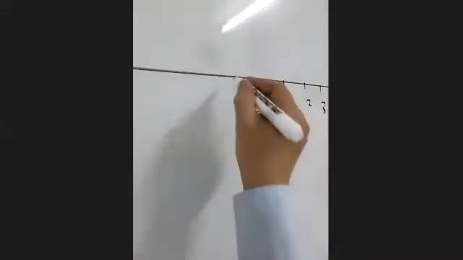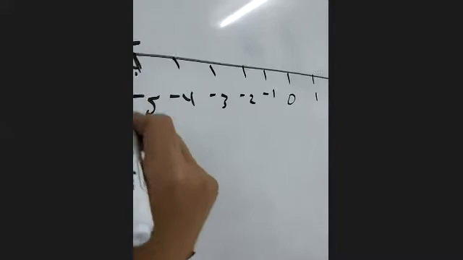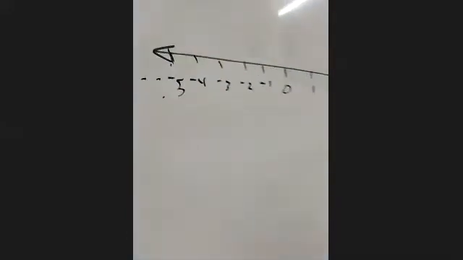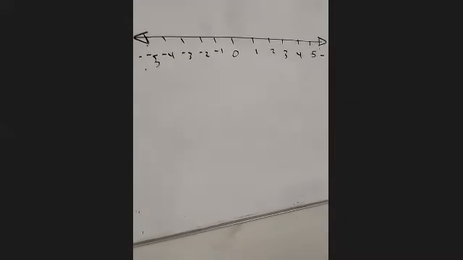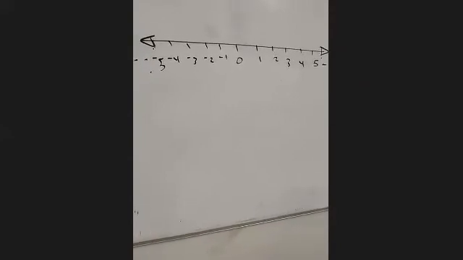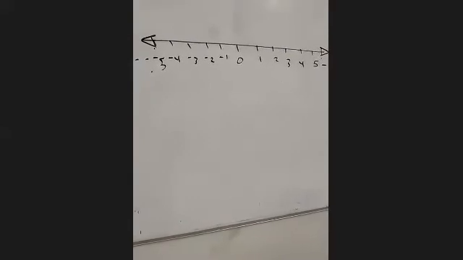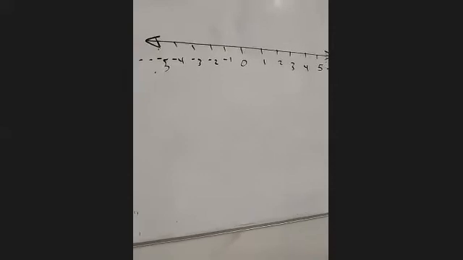This is -1, -2, -3, -4, -5, and forever. The absolute value of an integer is the distance between the integer and 0.